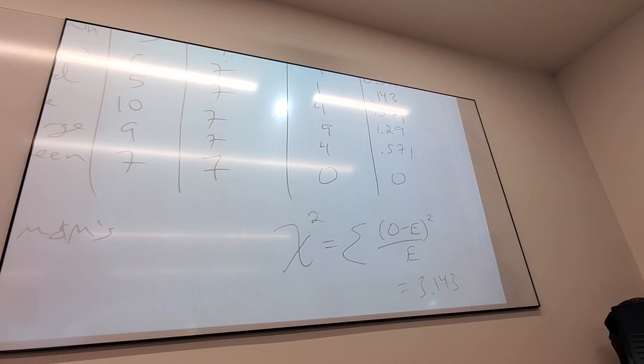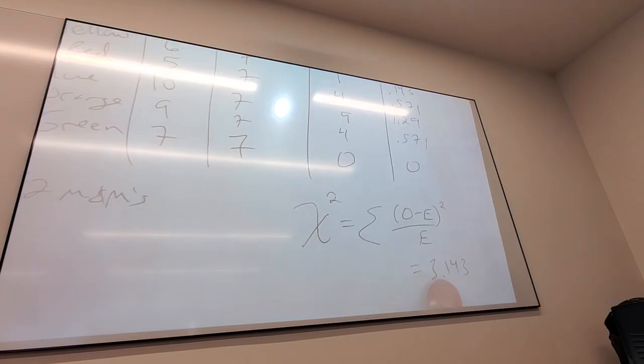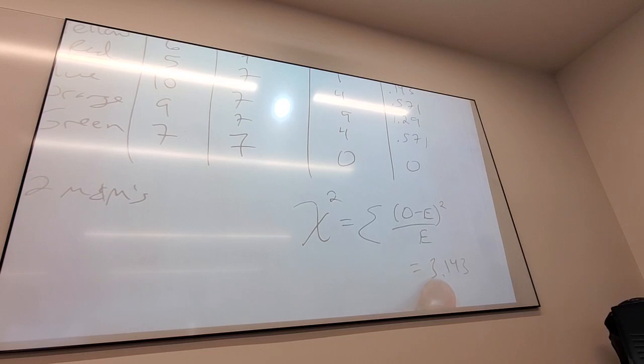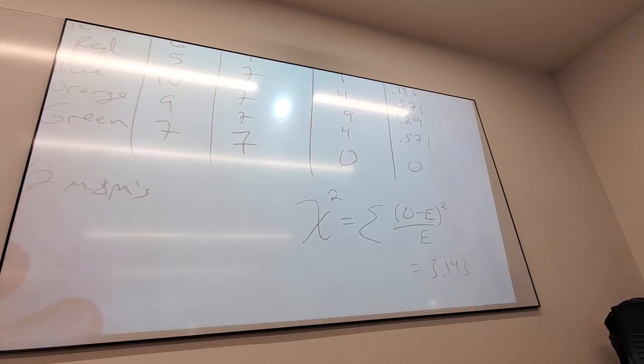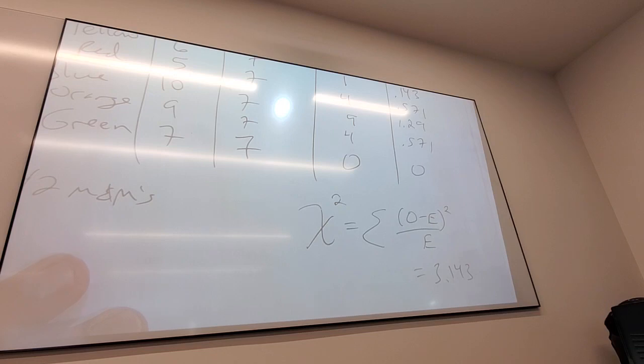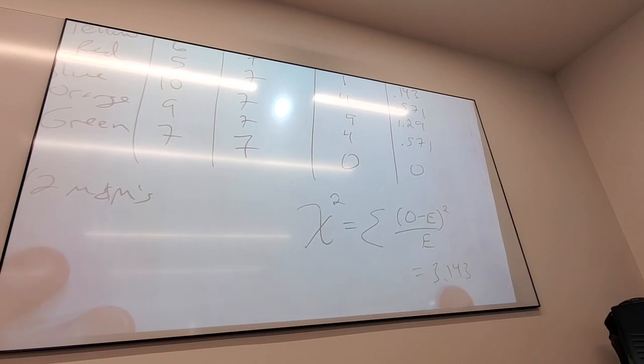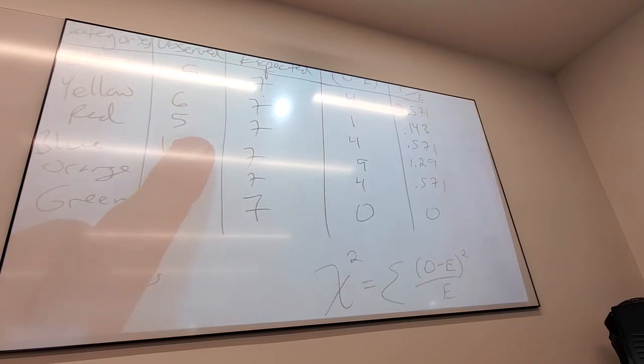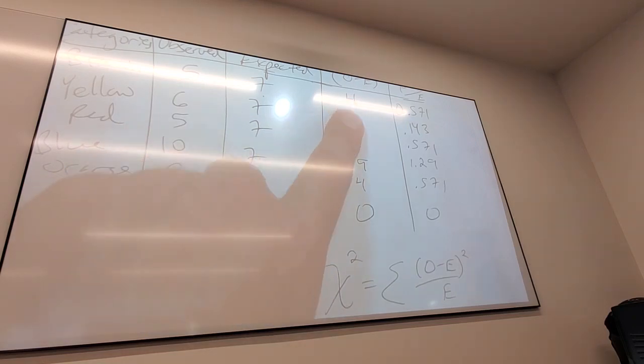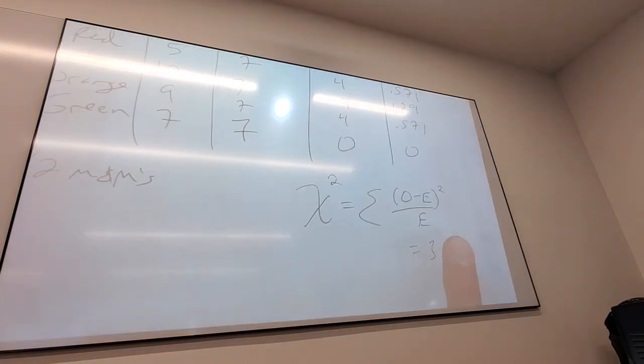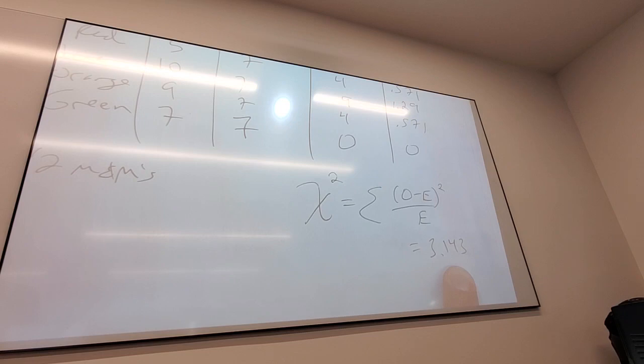So you guys with me so far? Right now we don't know what this means. If the sample would have been exactly what I expected, what would this come out to be? 0. Of course, if all of these were 7s, all these would be 0s, this would have been 0 perfectly, correct?